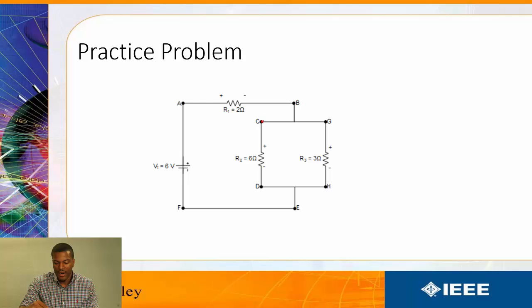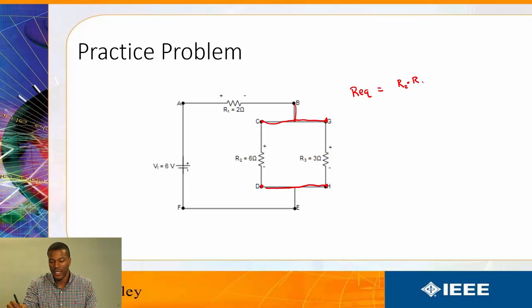Since we can see that R2 and R3 are both connected at the same node, we know that these two are in parallel. And our equation that we derived for two parallel resistors is the product of the resistors over the sum of the resistors.